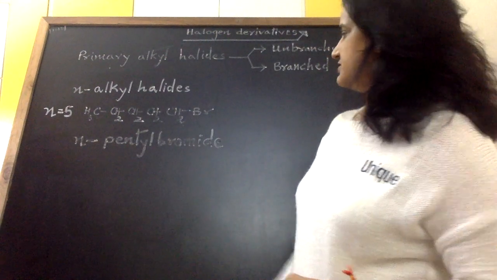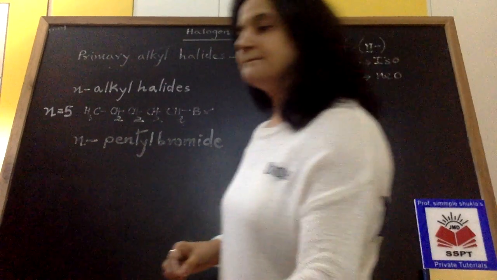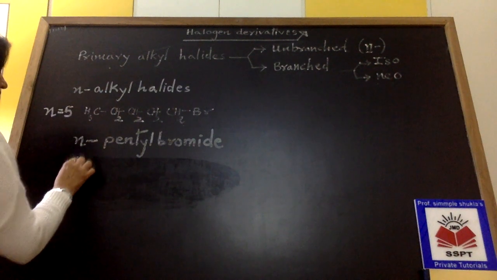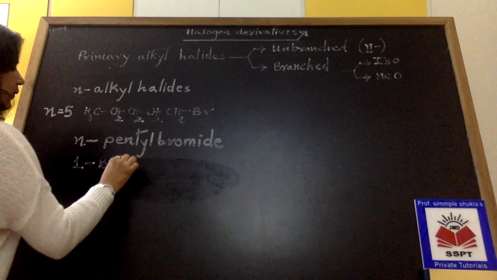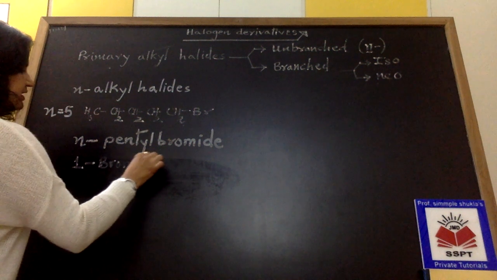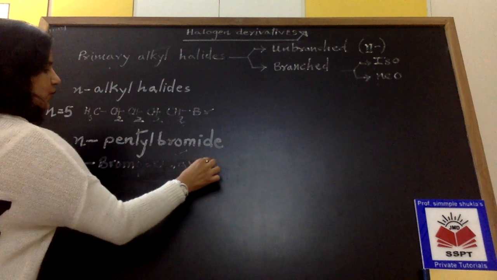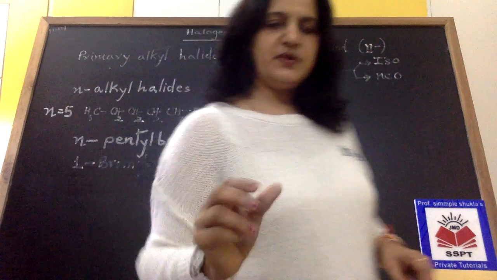IUPAC name? Can anyone tell? 1-bromopentane. So that's the IUPAC name, 1-bromopentane.